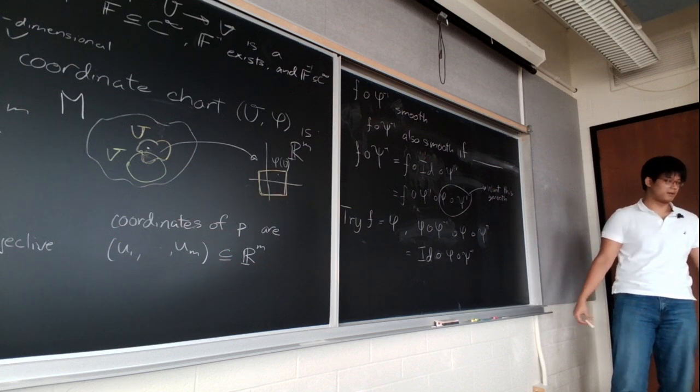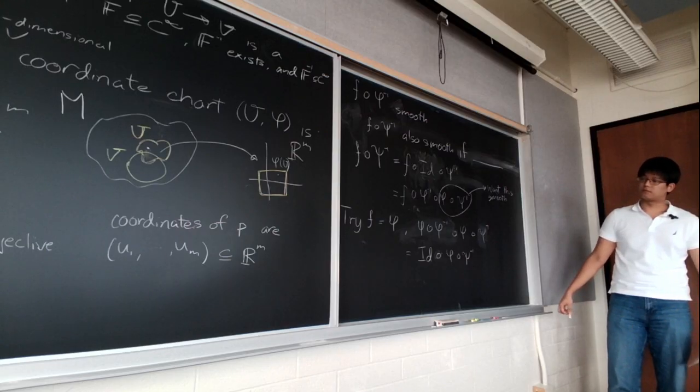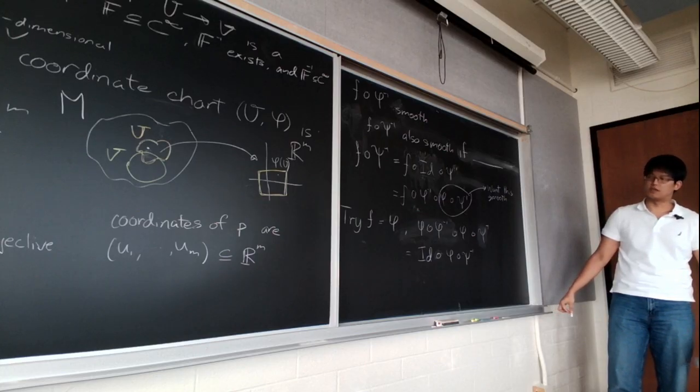Perhaps I don't see the big picture. Okay, do you see what we're trying to show? Yes. Do you see how we showed that demanding that phi composed with psi inverse is smooth gives you the required behavior? Yes.